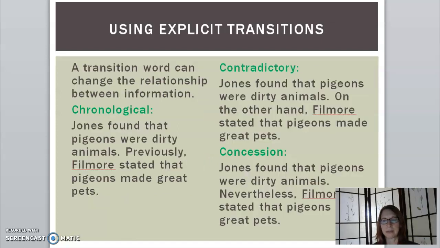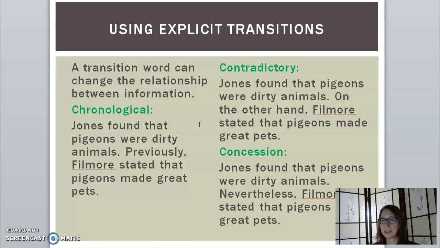Here are some examples of transitional words that change the meaning of these same sentences. The first one is chronological. It says, Jones found that pigeons were dirty animals. Previously, Fillmore stated that pigeons made great pets. The second is contradictory. Jones found that pigeons were dirty animals. On the other hand, Fillmore stated that pigeons made great pets.